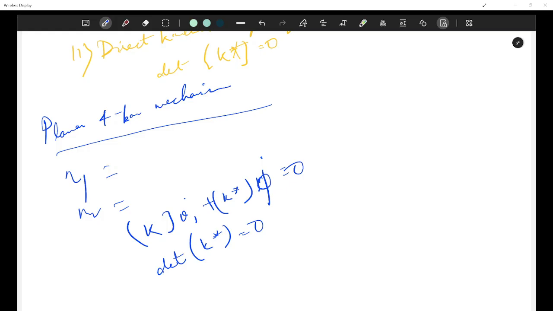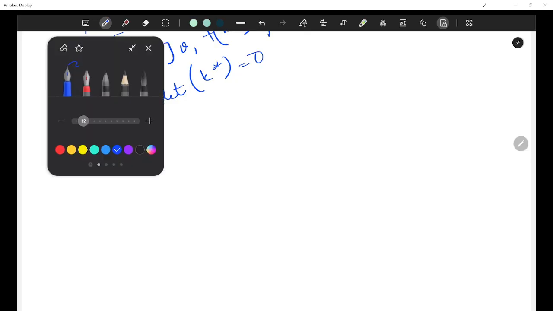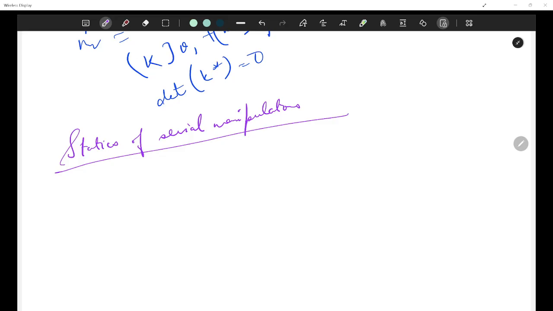Okay, after this there was something covered about statics of serial manipulators, right? So what happens in the case of statics?